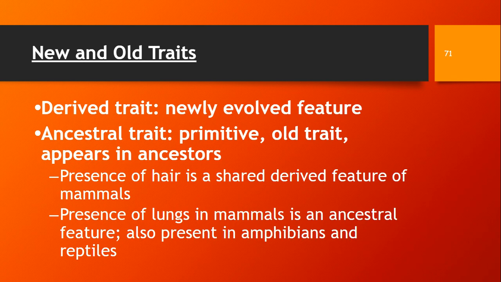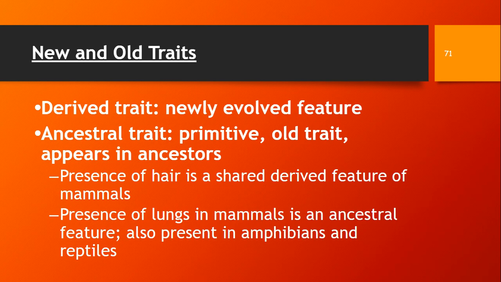And then there's ancestral trait, which is primitive or really old and appears long, long time ago. So a good example of a derived feature in mammals is the hair. No other animal besides mammals have hair, and so that's a pretty new one. It happened only a few thousand years ago rather than millions of years ago.